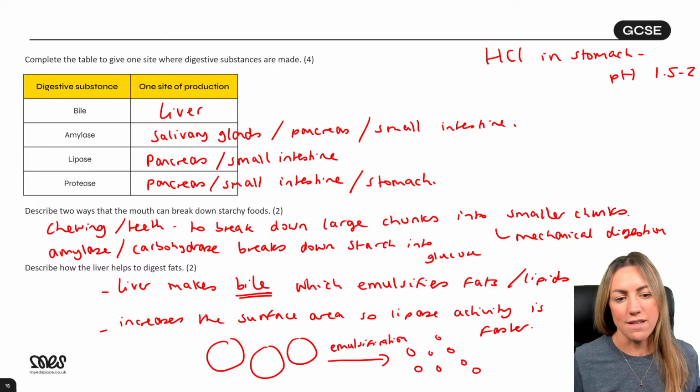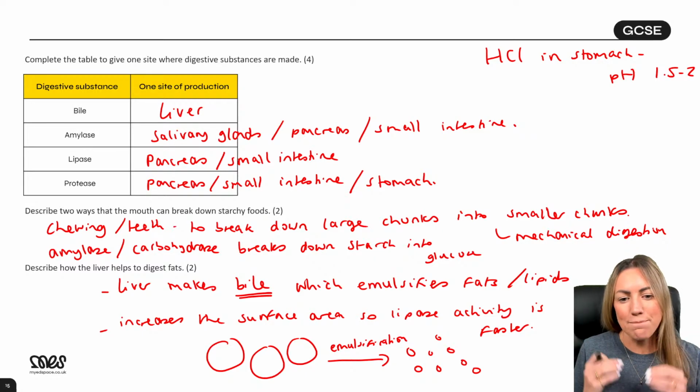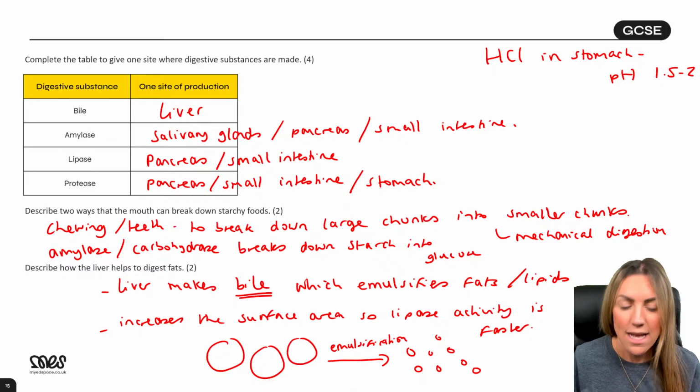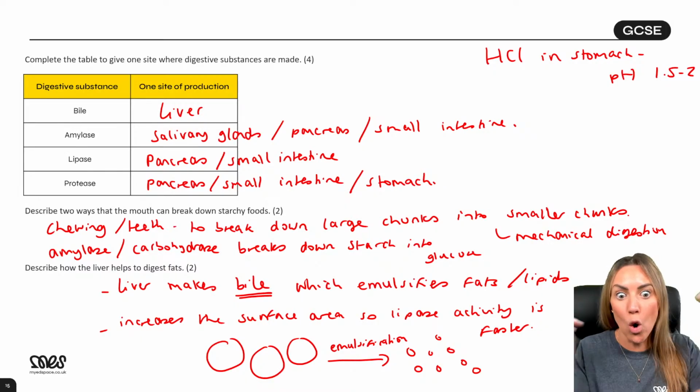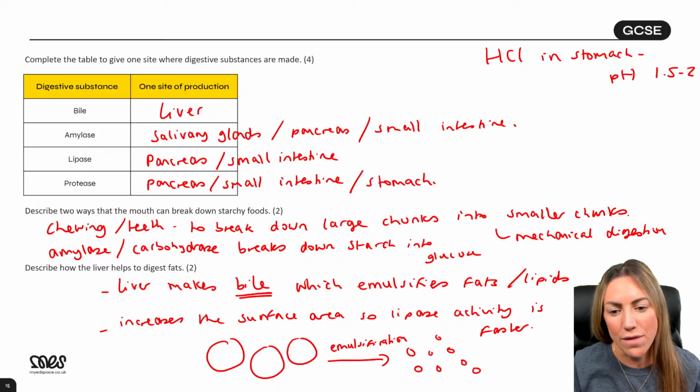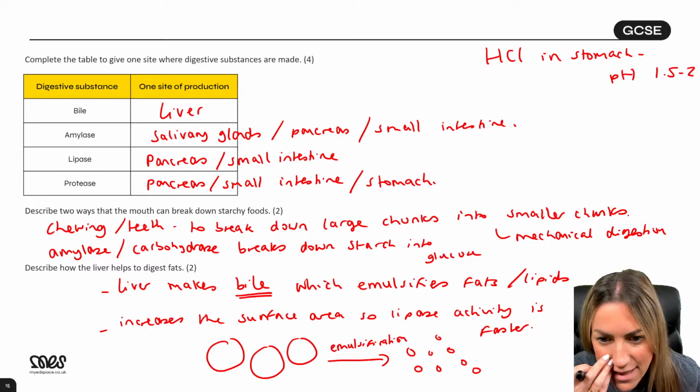We say it emulsifies the fats, but then it's important to remember that the reason for that is you're increasing the surface area so that lipase can then act faster. Lipase enzyme has then got more surface area that it can get to, so lipase will then be able to digest it faster.